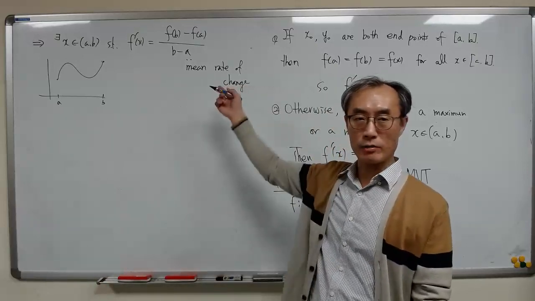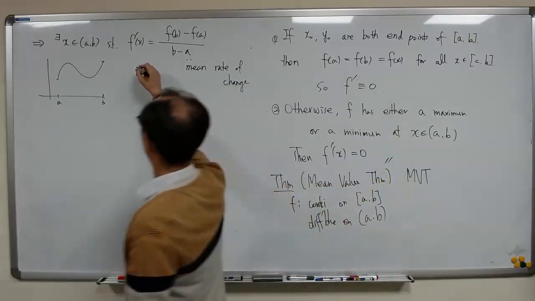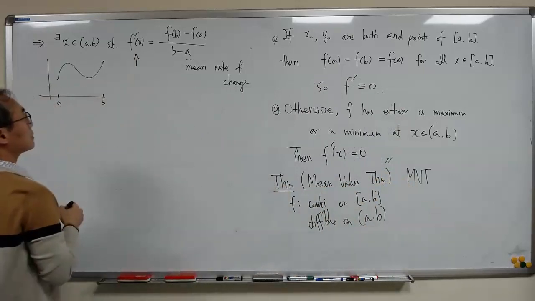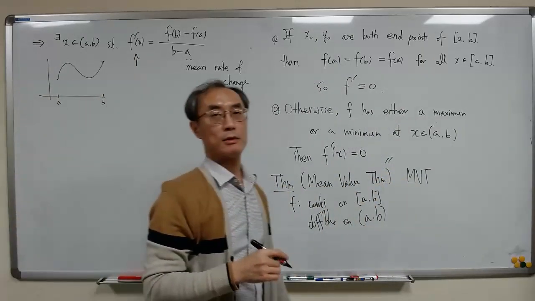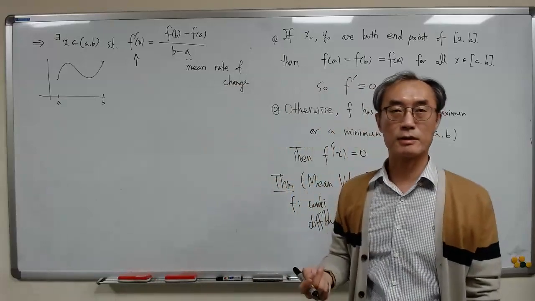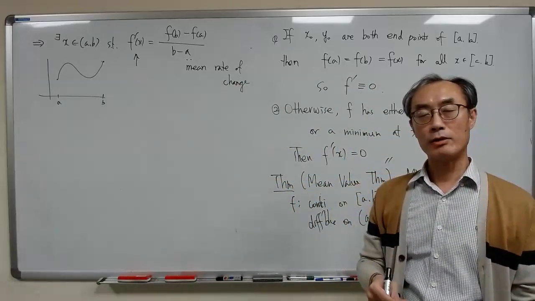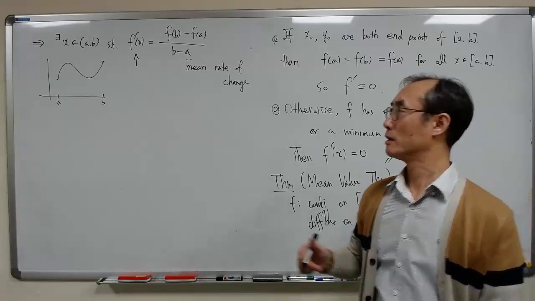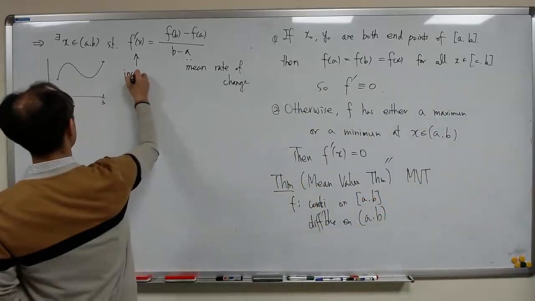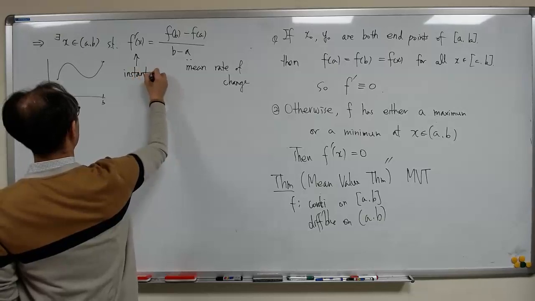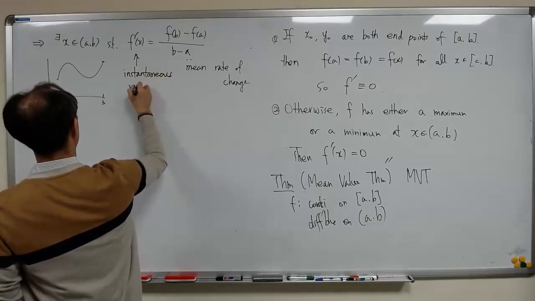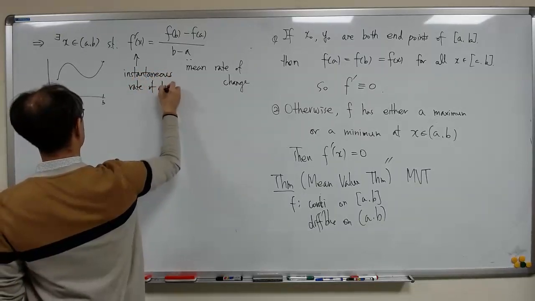Then what about this one? The derivative. Derivative is also considered as the rate of change, but it is evaluated instantaneously. This is the instantaneous rate of change.